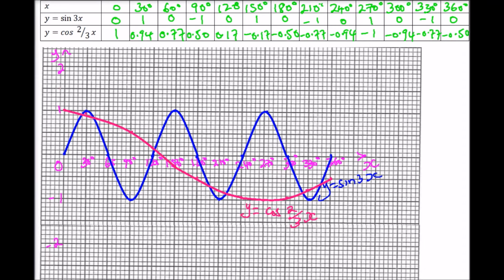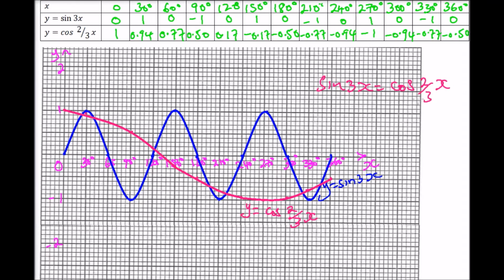So the question was, we drew the graph, which we have done, and on the same axis, use the graph to determine the value of x for which the two functions are the same. What we mean here is when sine 3x equals cos 2/3 x.